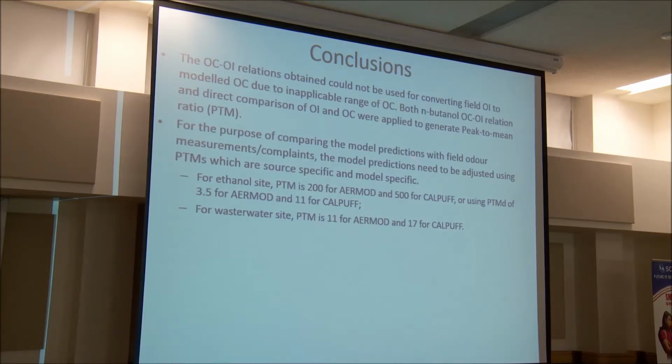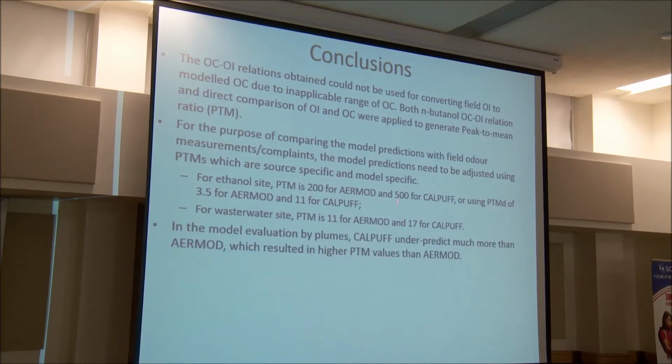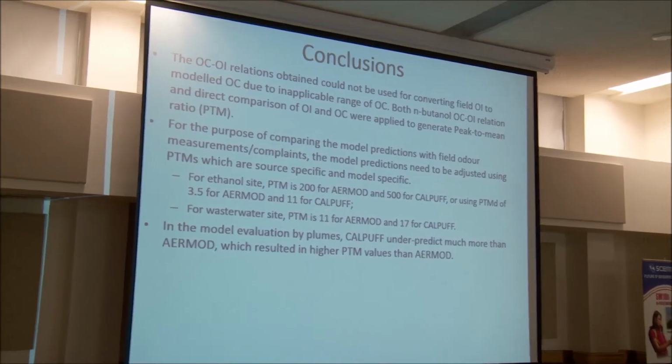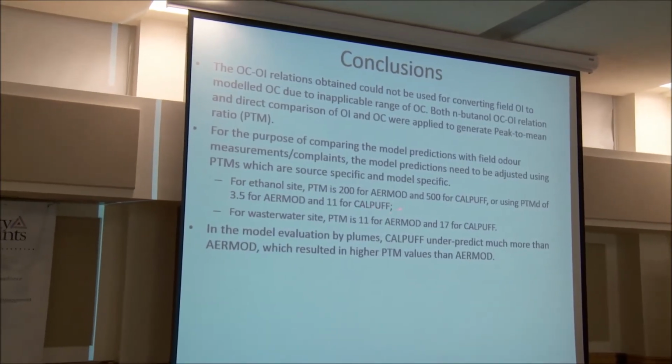And for the purpose of comparing model predictions with field odor measurement or to verify odor complaints, the model predictions should be adjusted using the peak to mean ratio. All the models underpredict, so we have to use large values to bring the modeled results back to the field experience by the sniffers or receptors.